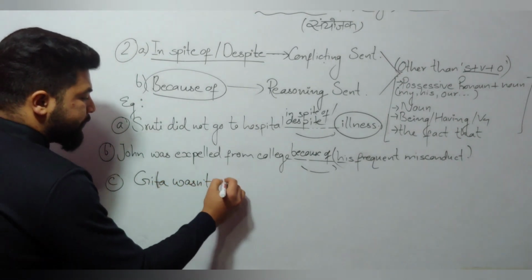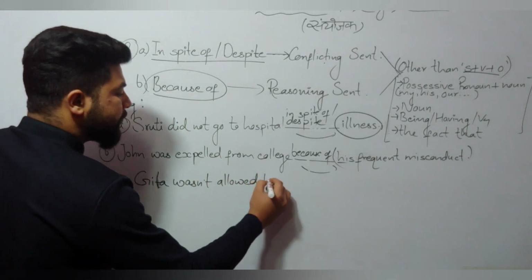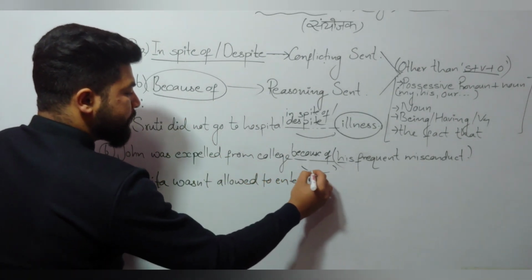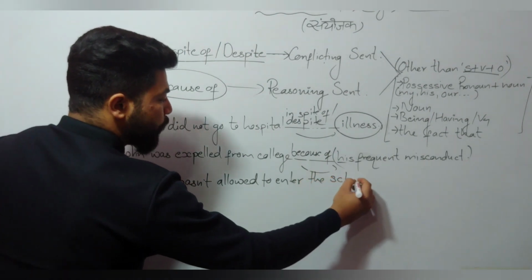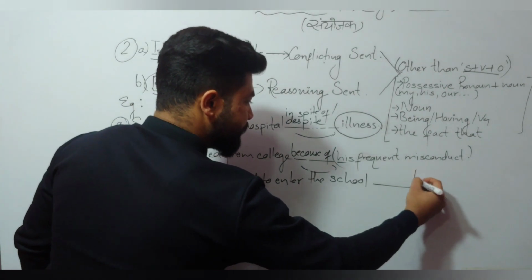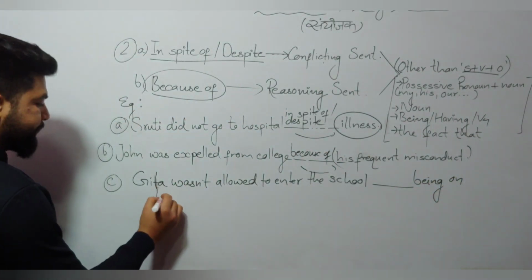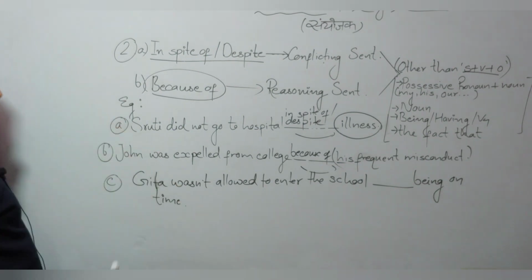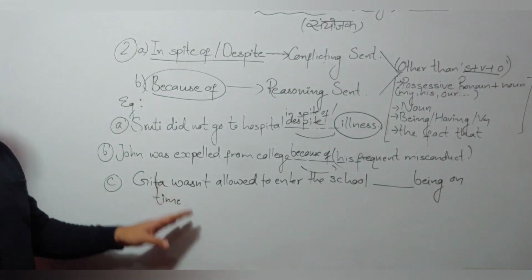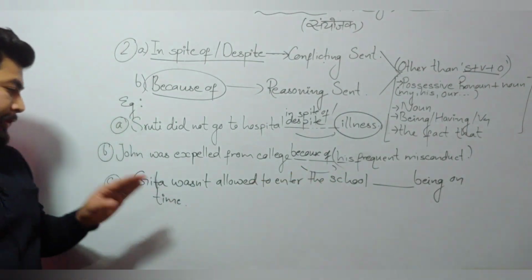Geeta wasn't allowed to enter the school dash being on time. Okay, so the sentence reads, Geeta wasn't allowed to enter the school being on time.